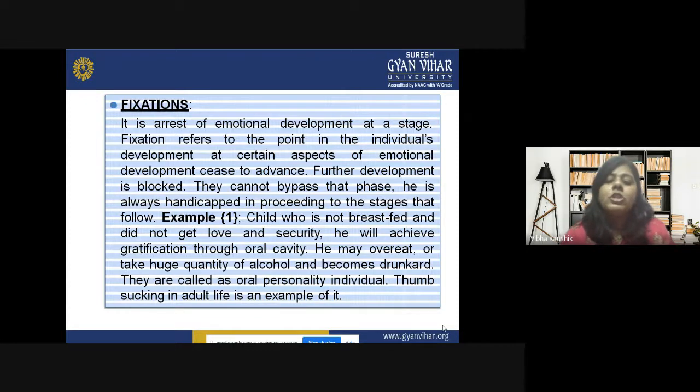Example one: a child who is not breastfed and did not get love and security will achieve gratification through the oral cavity. He may overeat or take a huge quantity of alcohol and become a drunkard. They are called oral personality individuals. Thumb sucking in adult life is an example of it.